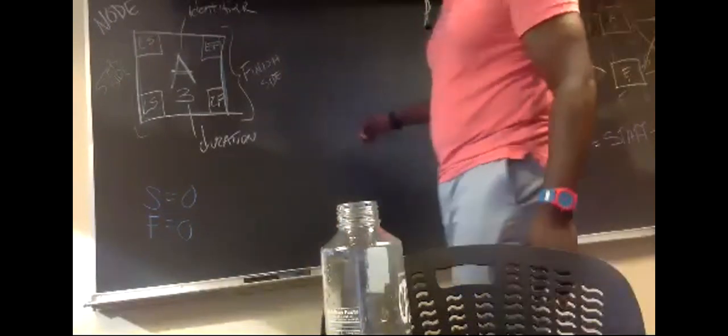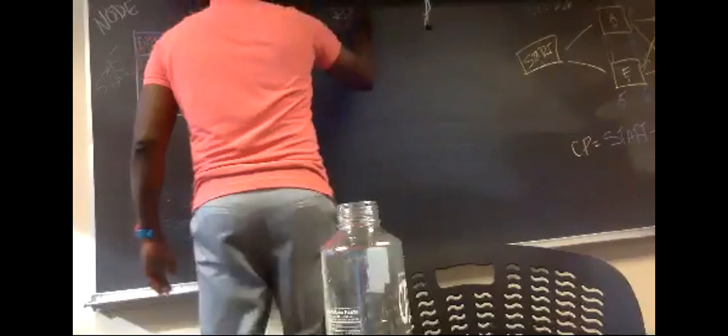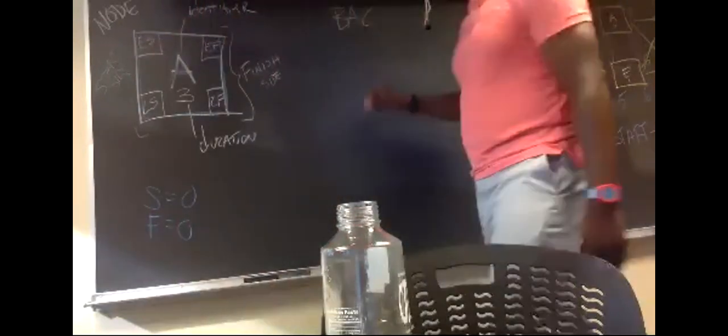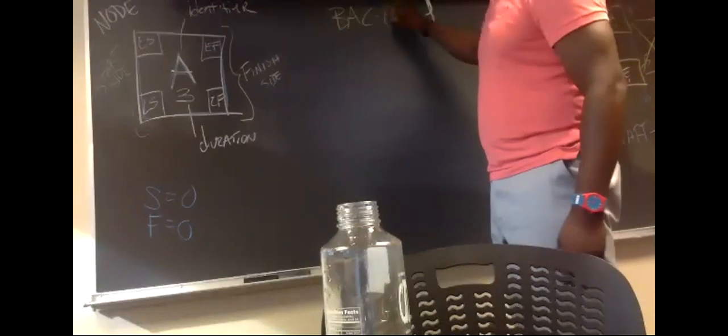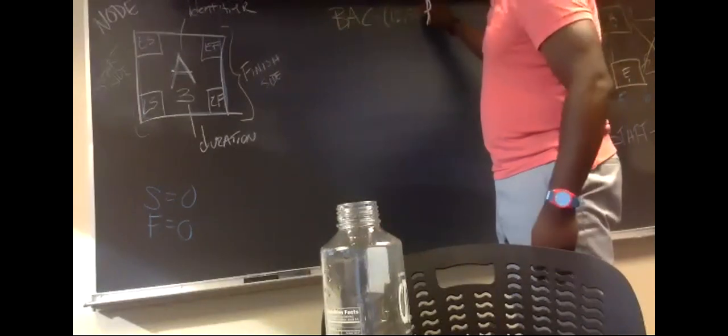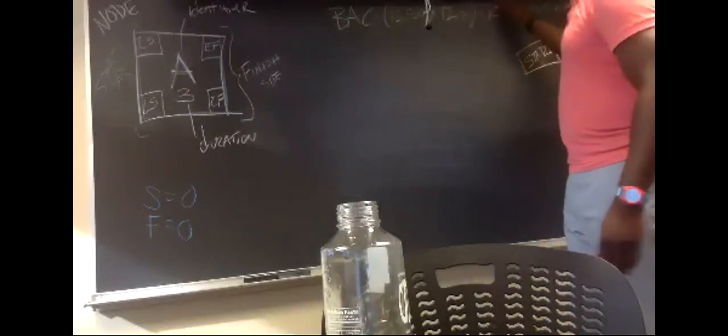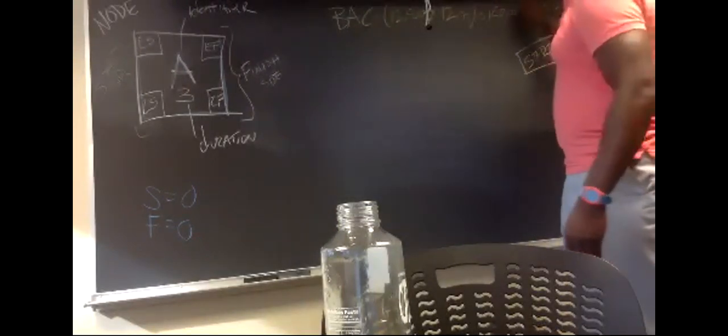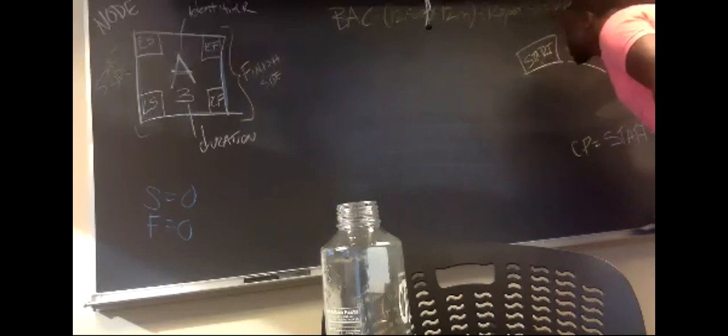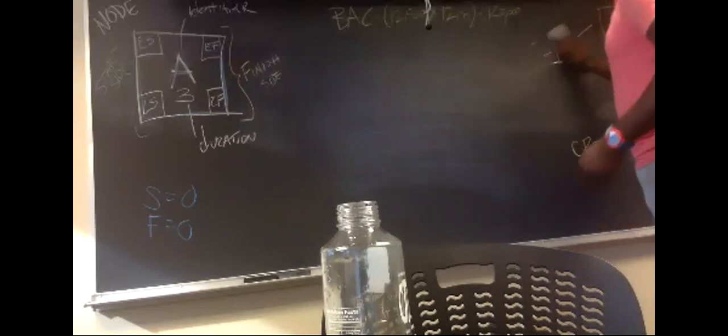How'd you get 150K, Celine? Because you said it's $12,500 per month, and it's a 1 year project. Times how many months? 12 months. Very good. So first things first, we've got our budget at completion. I told you they usually give you the BAC.